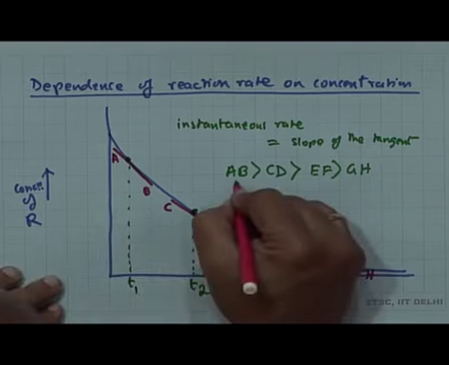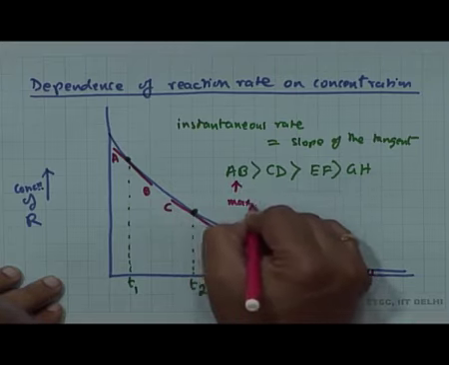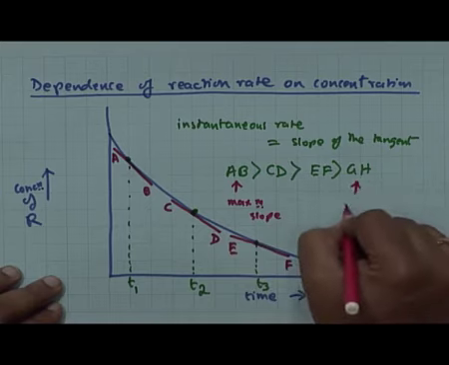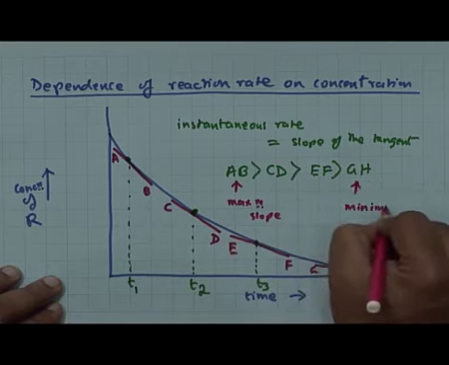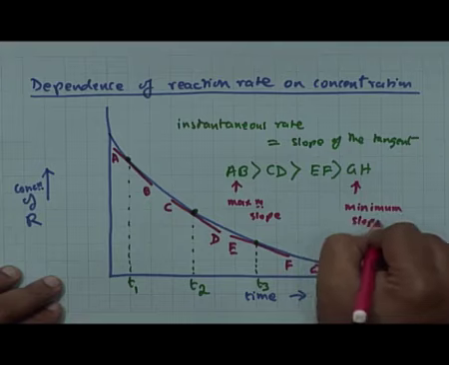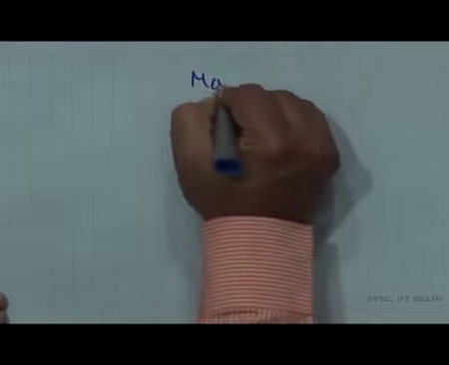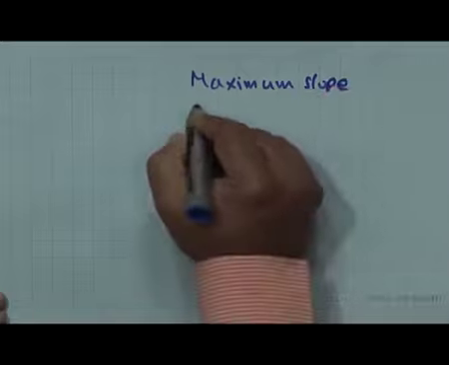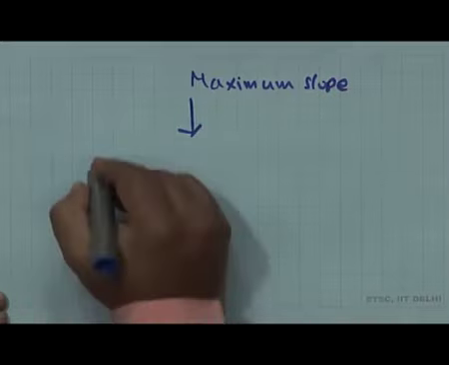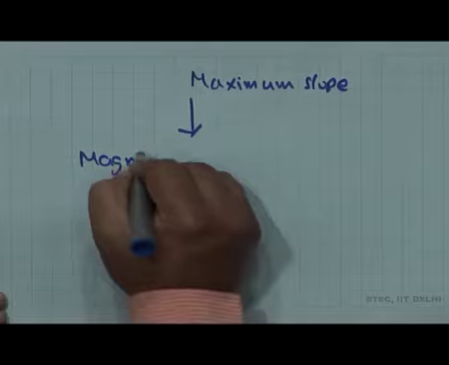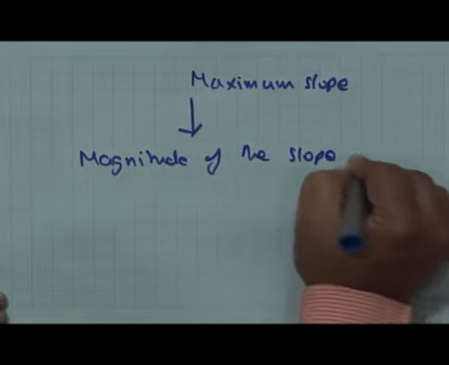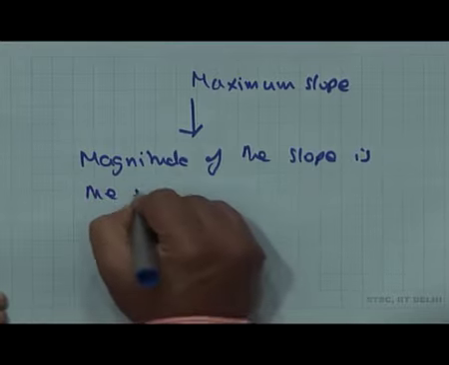So, line A B has the maximum slope, and this one has the minimum slope. I just want to mention that when I say maximum slope, what I actually mean is that the magnitude of the slope is the maximum.